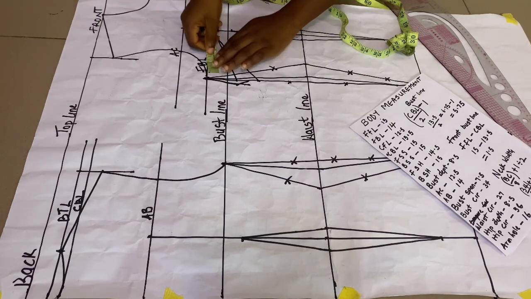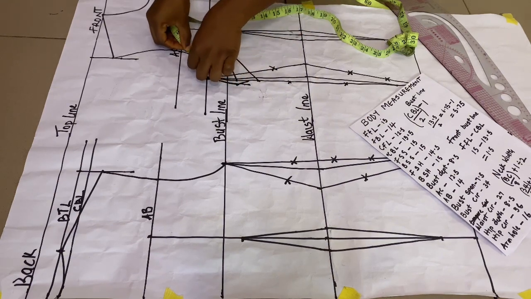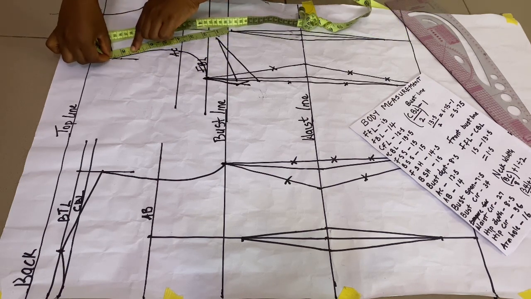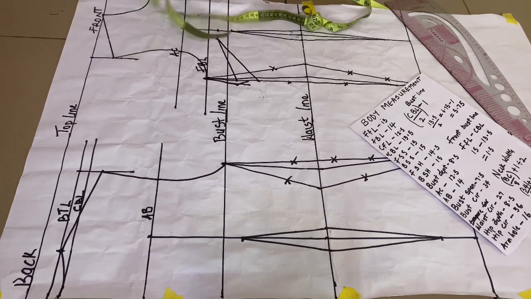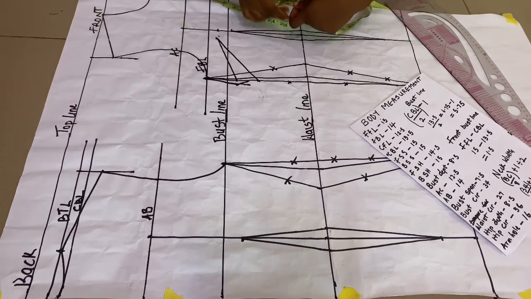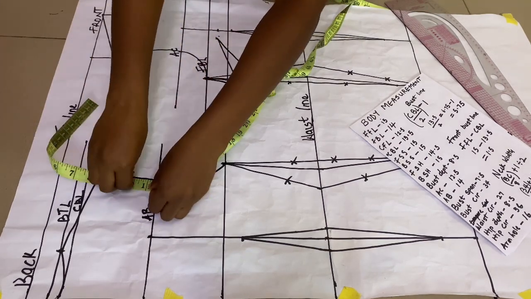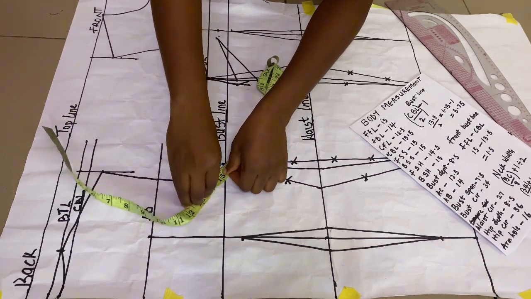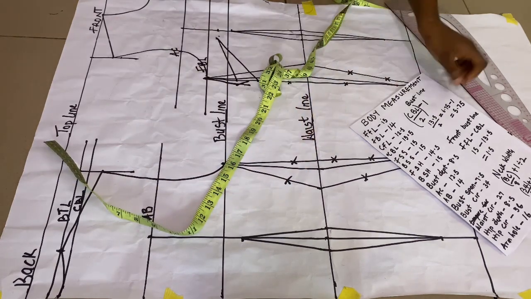To measure the armhole, place the tape on the front bust line and measure the amount we're having here. For here we're having 8.6. From that 8.6, you place it on the back, and you also measure it. So we're having exactly 16 inches, which is correct.